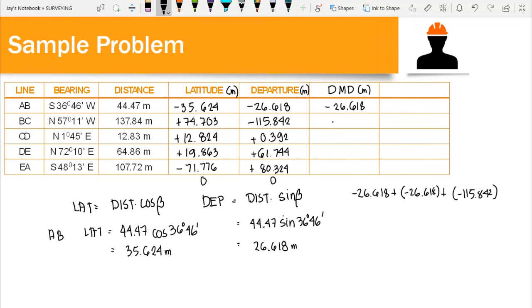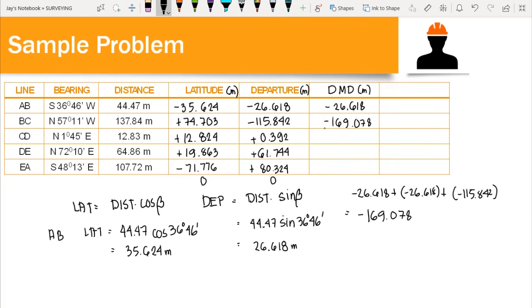This gives us the DMD value for line BC: negative 169.078.